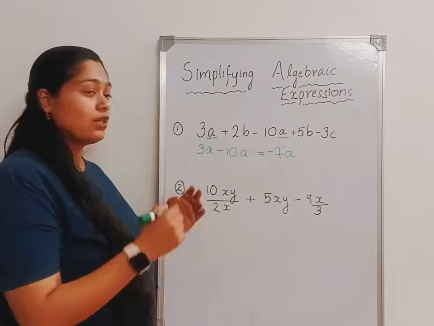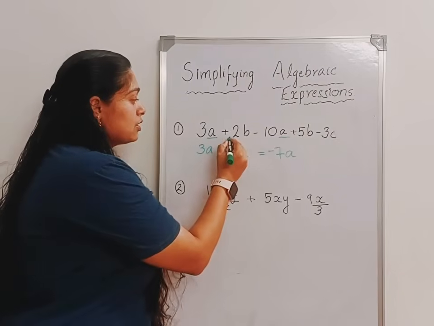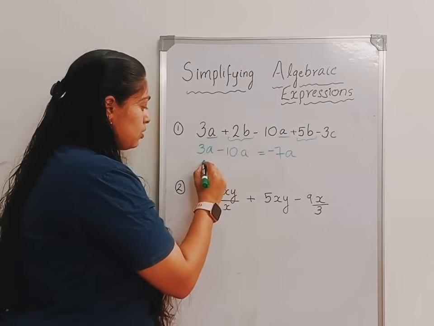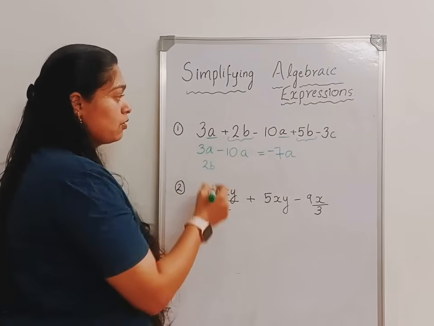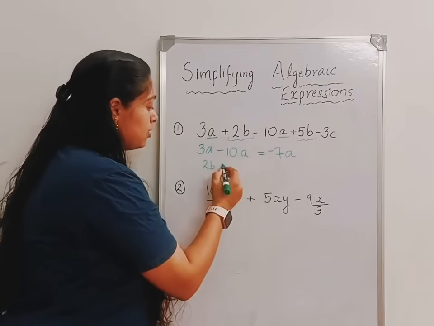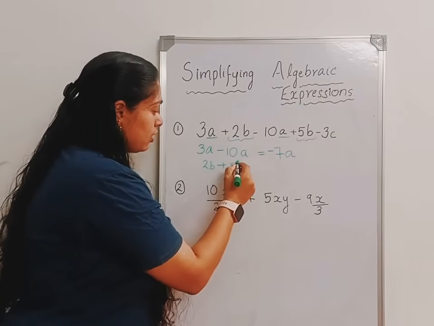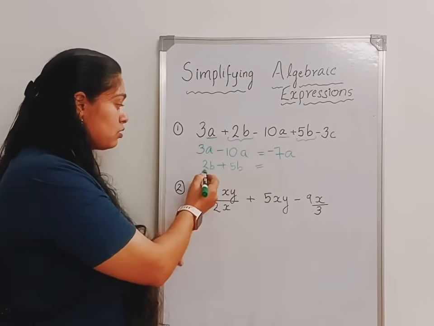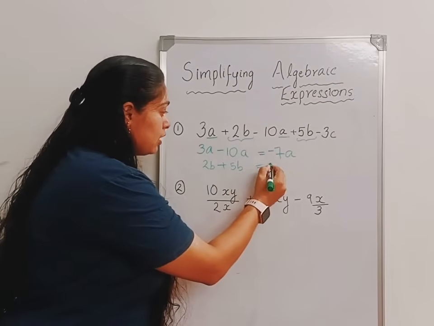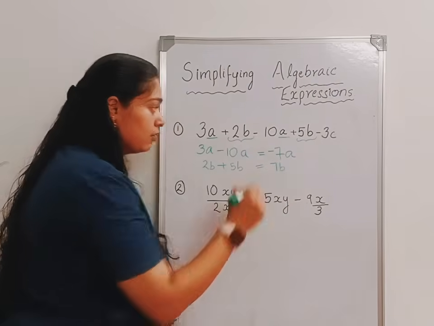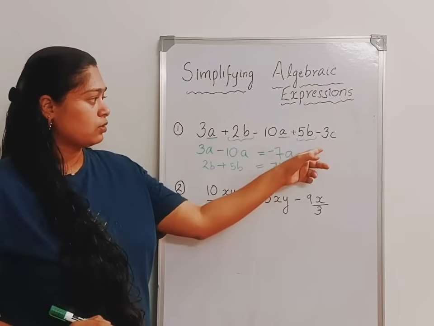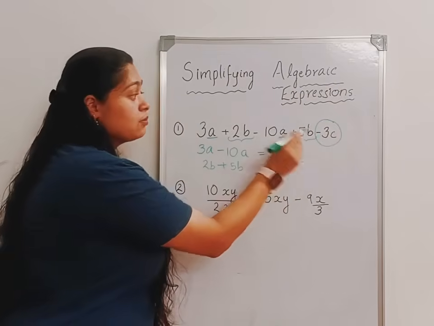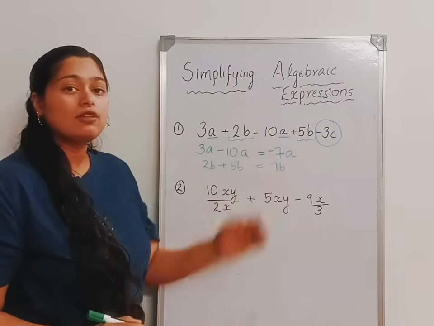Now the same goes for the next term. You can see 2b and we have another like term 5b. So let's write 2b. Again it's a positive term and luckily 5b is also positive, so it's just plus 5b. Nothing to think too much, just add the coefficients 2 plus 5. You'll get 7b. Now there is one more term sitting alone over here. And please don't forget to consider the minus symbol, minus 3c or negative 3c.